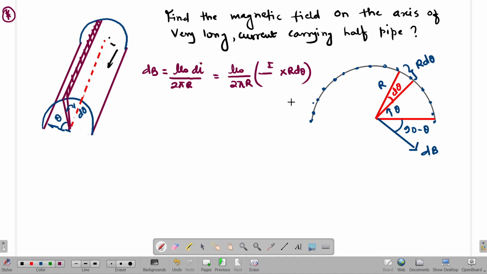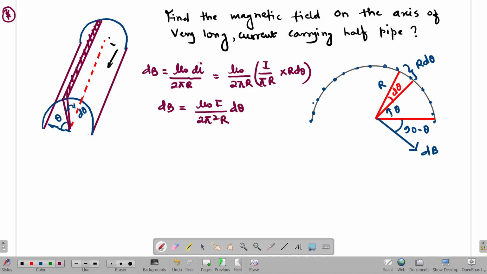Which kind of current density? Linear current density. So I by pi r, that's my length. And how much length is present in r d theta? So I by pi r into r d theta. Are you able to get me or not? So dB is equal to mu naught I by 2 pi r square r d theta.